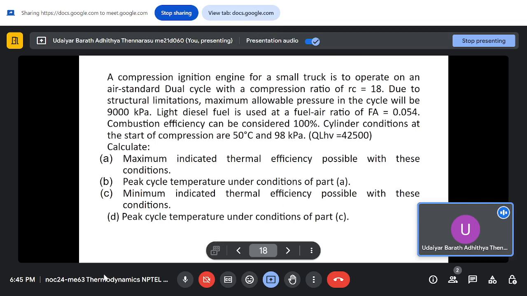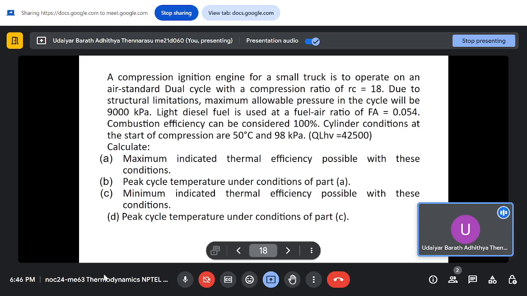So we see how to solve this problem. A compression ignition engine from a small truck is to operate on an air standard dual cycle with a compression ratio of 18. Due to structural limitation, the maximum allowable pressure in the cycle will be 9000 kilopascal. So that is the maximum pressure you can compress to.